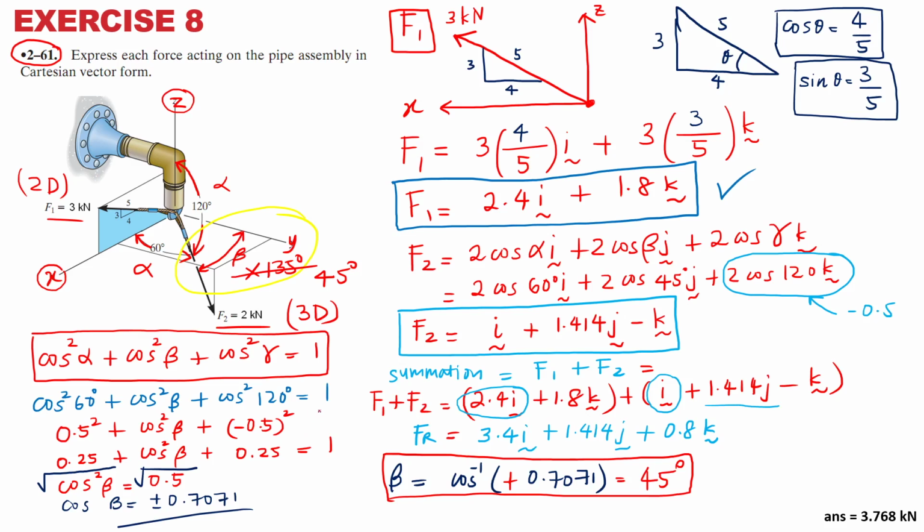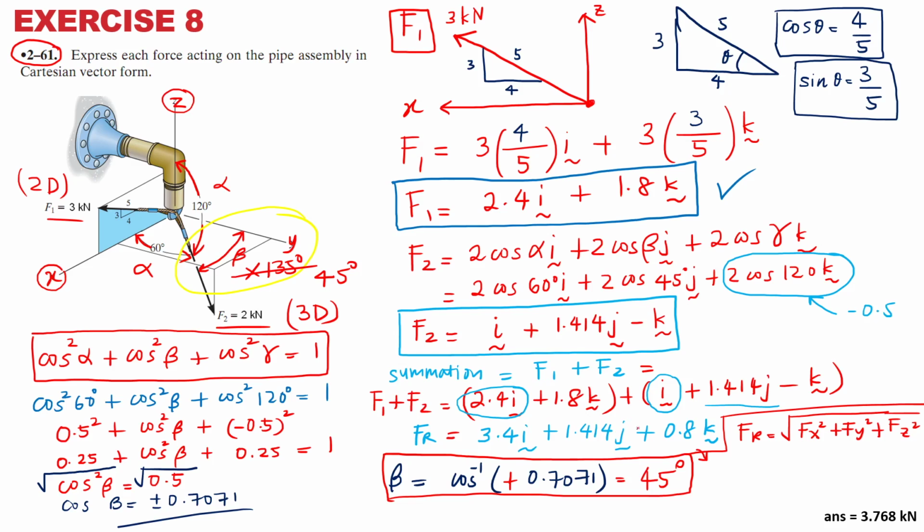Definitely you need to look at the magnitude. So what will the magnitude be? Using this formula: F resultant is the square root of Fx squared plus Fy squared plus Fz squared.